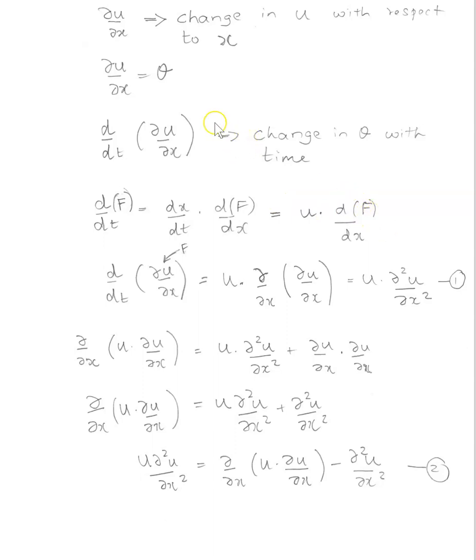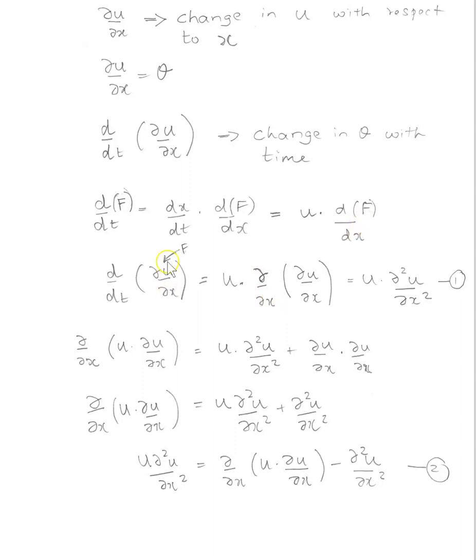So now we go back to this equation here, d over dt of partial u partial x, it's like the f here, and it's u times partial, d over dx, I just put partial over partial x.